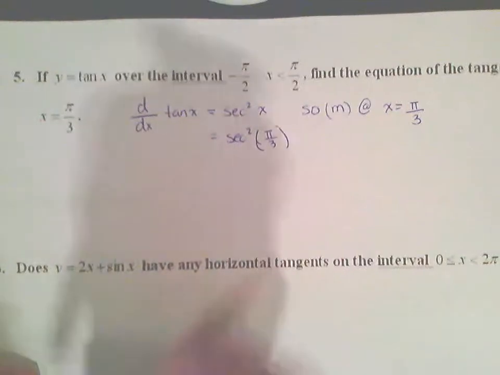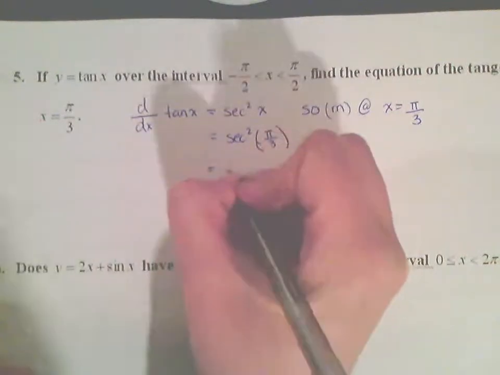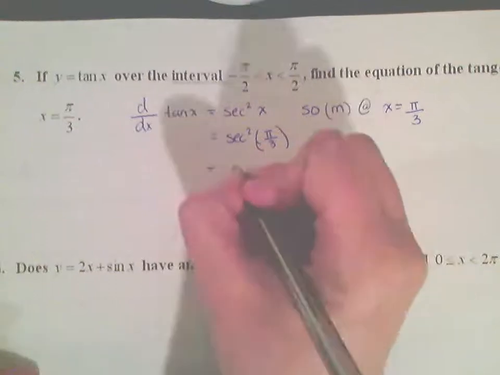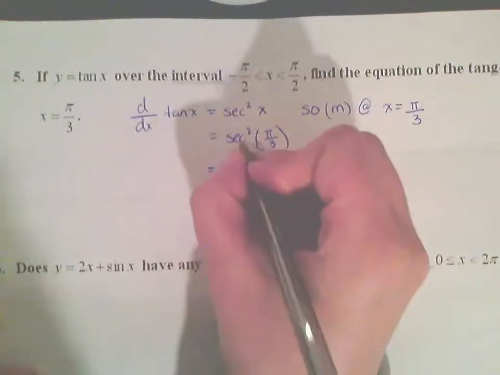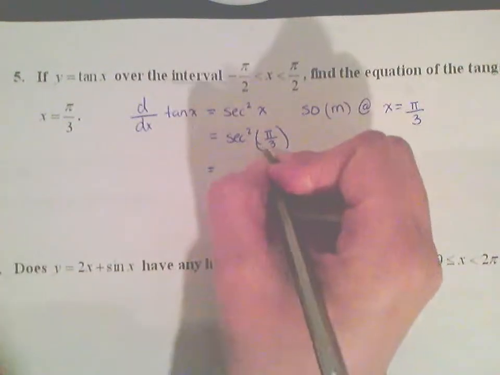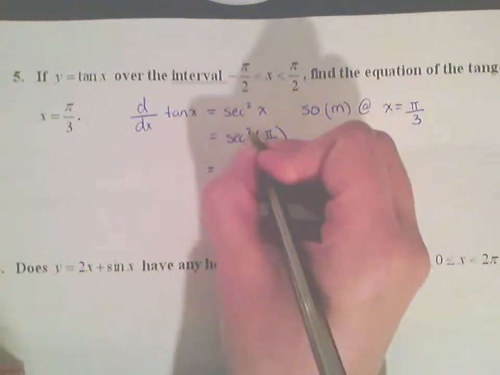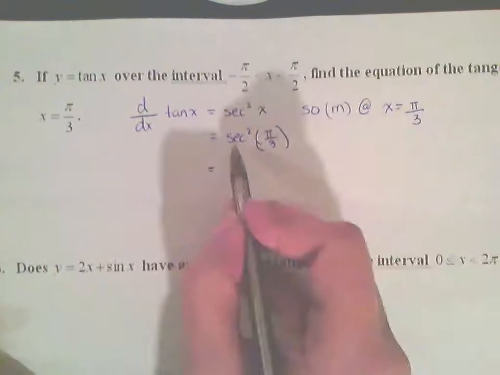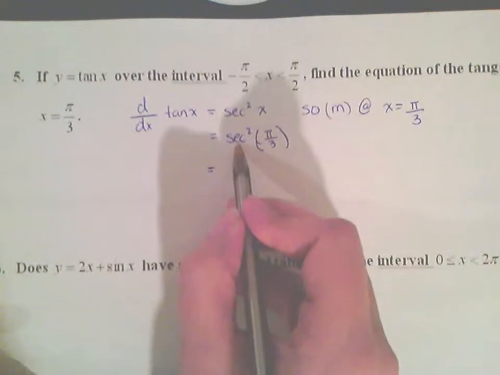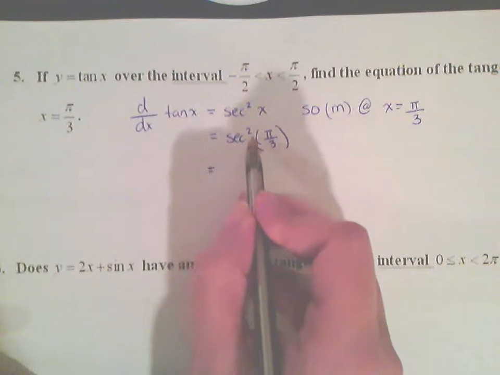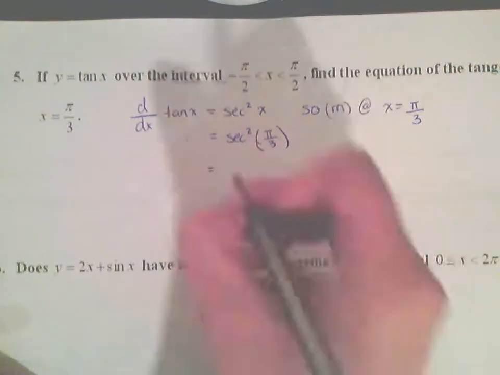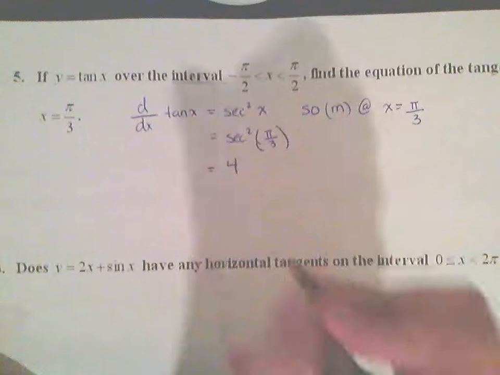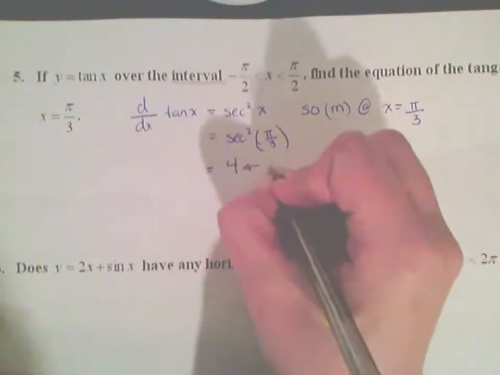You plug that in the calculator and we get 4. Or you don't really have to, but we'll plug this in the calculator because it is squared. You really don't have to if you know your unit circle and you know that secant is the same thing as 1 over cosine, but then we're going to square it. So you end up with 4.